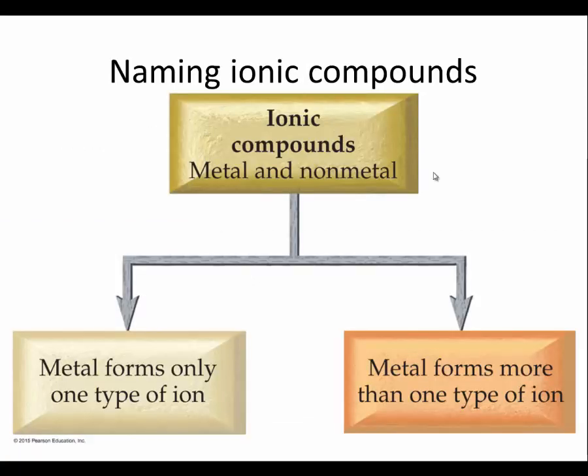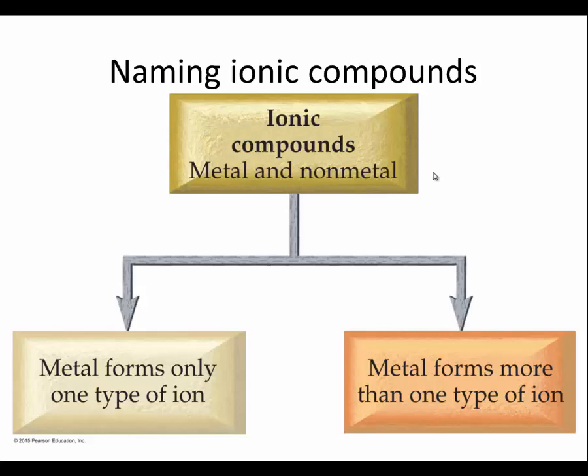Okay, so how do we name an ionic compound? Ionic compounds will fall into two categories. I guess we could make more categories, but we're going to talk about basically two here. The two categories are metals that form only one type of ion, and metals that can form more than one type of ion.